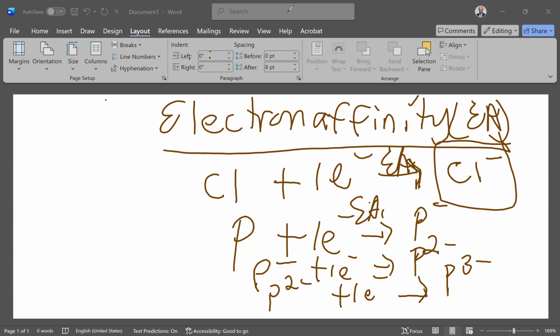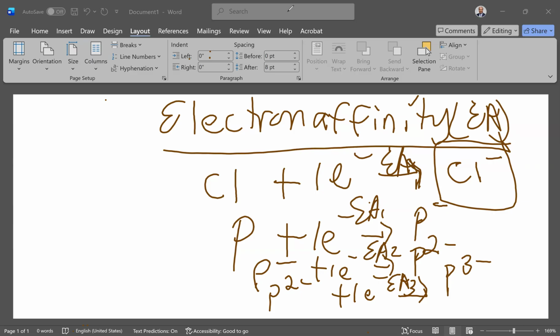Those are electron affinity 1, EA2, and EA3. This is the amount of energy for the atom to pull in those electrons, and this is unique to the nonmetals.